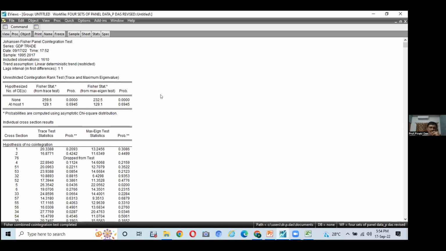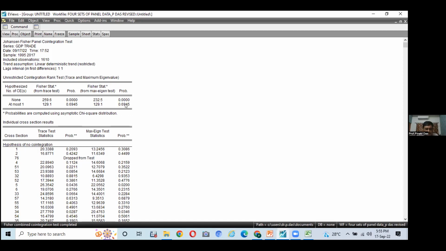In the Johansen panel co-integration test, the null hypothesis under none is that there is no co-integrating equation. Here, all the test statistics are statistically significant. Therefore, the null hypothesis is rejected. But if you consider the at most one line, at most one means at most one co-integrating equation.